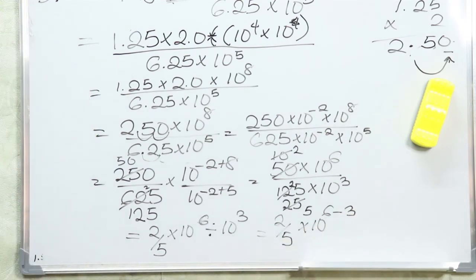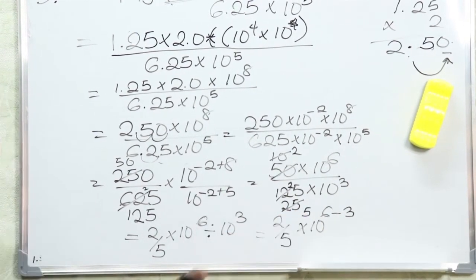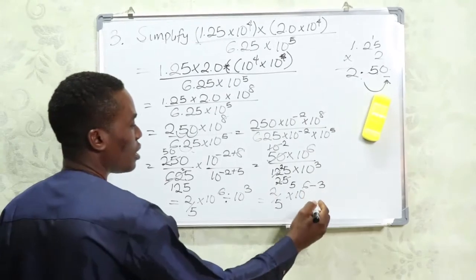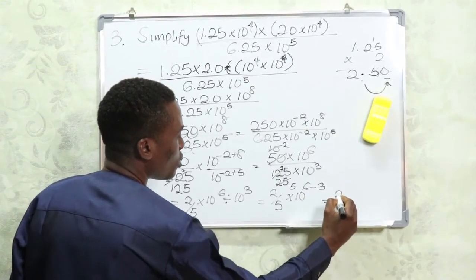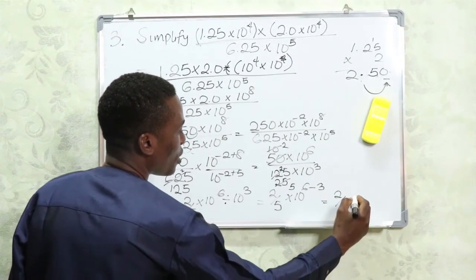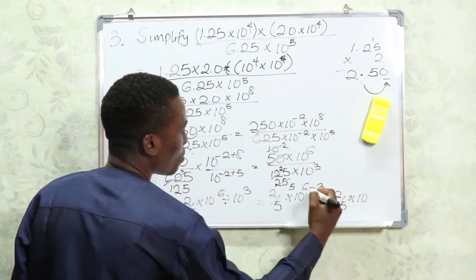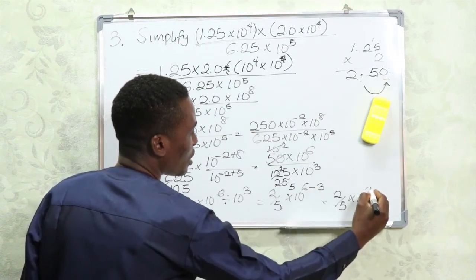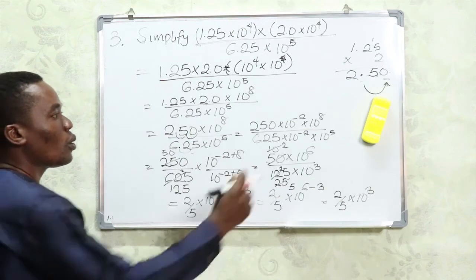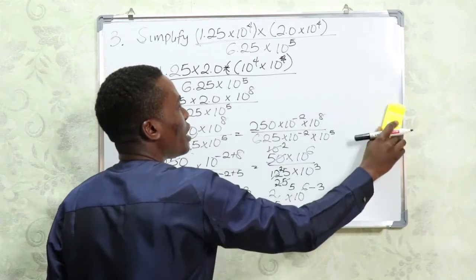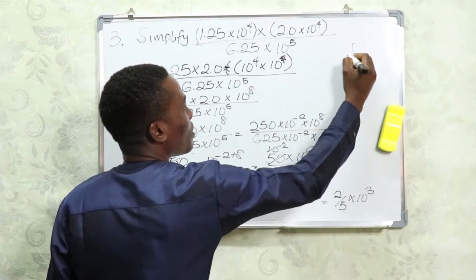Remember the quotient rule in indices. So this will now give us 2 divided by 5 multiplied by 10 raised to the power 6 minus 3. That's 3. So now what we need to do is to simplify 2 divided by 5.